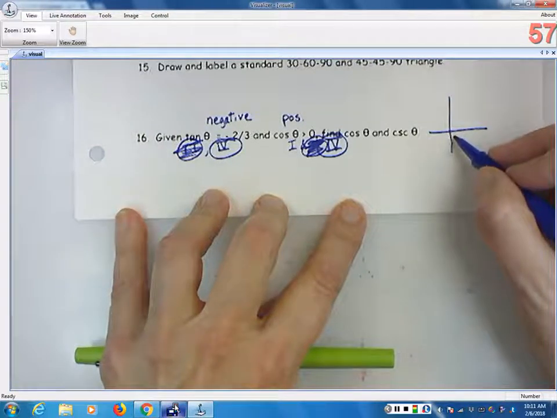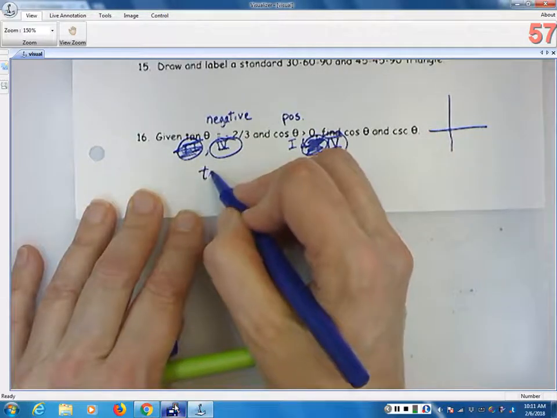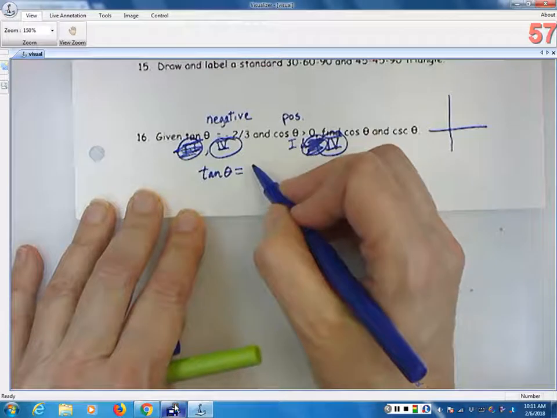So if we're in quadrant 4, tangent is sine over cosine, which is y over x.